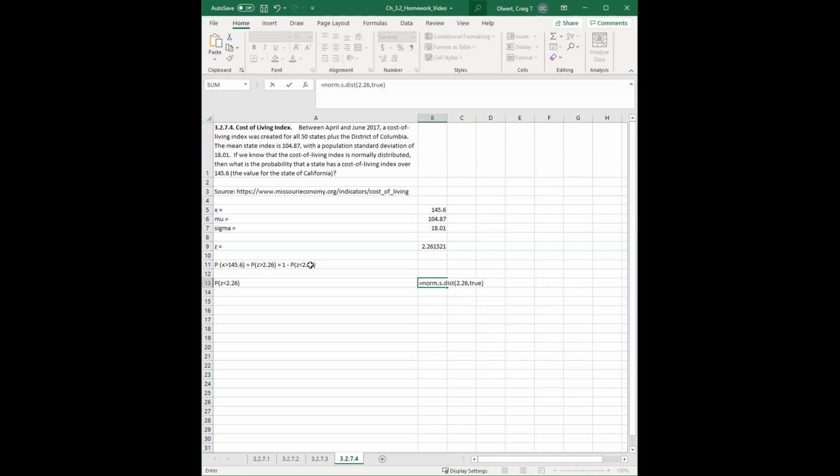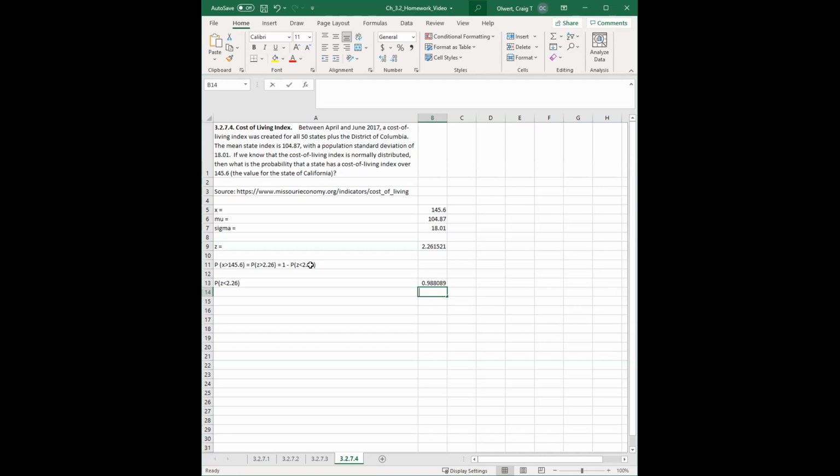The 2.26 is our z-score, and the true means that we want the area to the left of that score. False means we want the y value of the curve at that z-score. I don't think you will ever use it. This gives us an answer that rounds to the fourth digit for the value we have in the table, 0.9881.